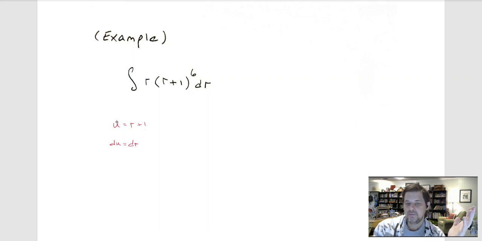Okay, so the derivative of both of these expressions is 1, but we always keep track of the differentials. So this is 1, but it's a u derivative, and the derivative of r plus 1 is also 1, but it's an r derivative. So we get both of these to work with.